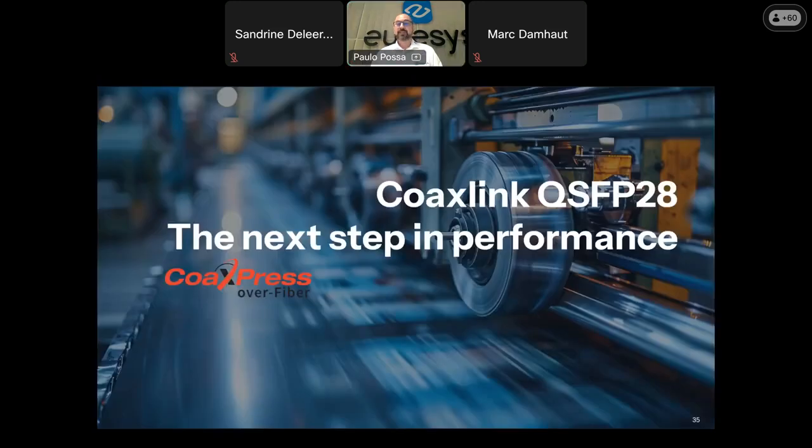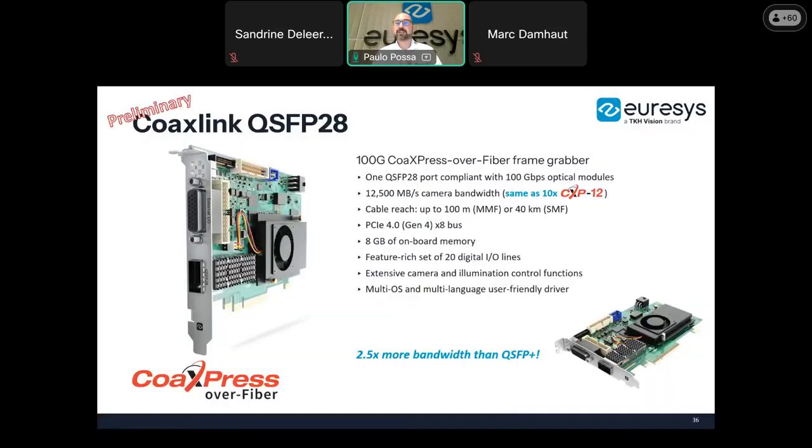So still in the CoaXPress-over-Fiber context, this is our brand new product that will be released in the next months, the Coaxlink QSFP28. The Coaxlink QSFP28 is a 100G frame grabber.